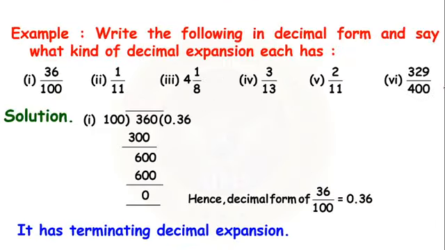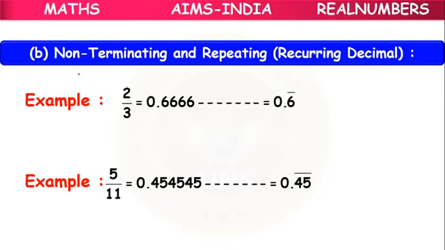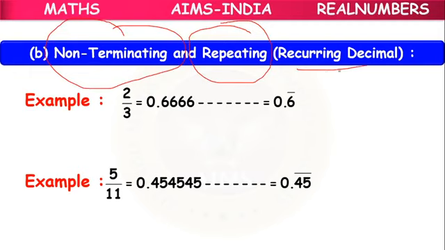Next children. But non-terminating and repeating decimals will have infinite decimal places. That infinite decimal will be termed a recurring decimal.